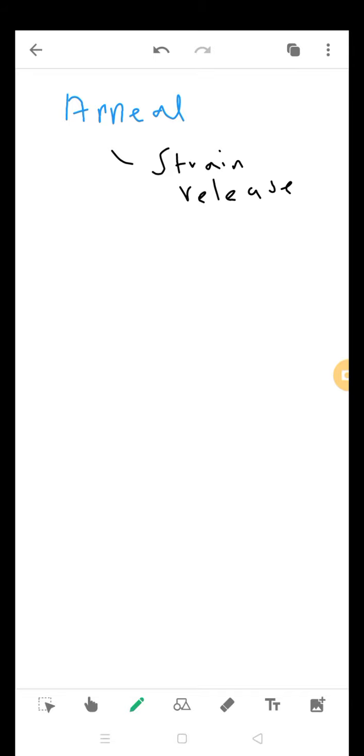Now let me take a plot with strength versus the dislocation density.